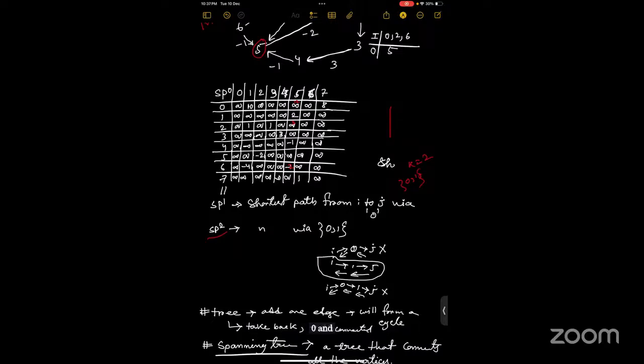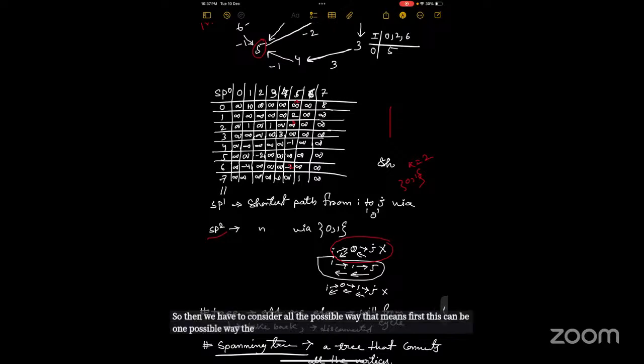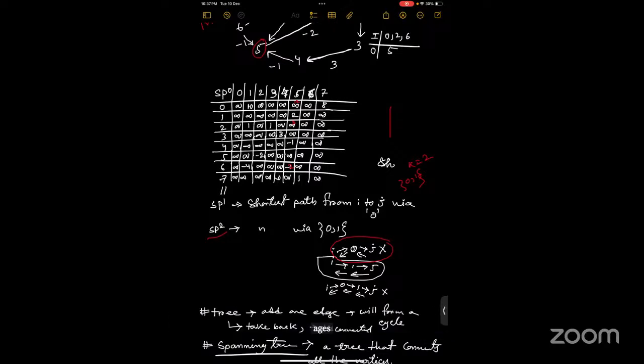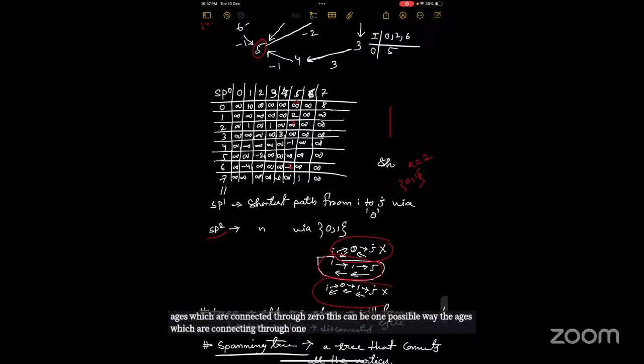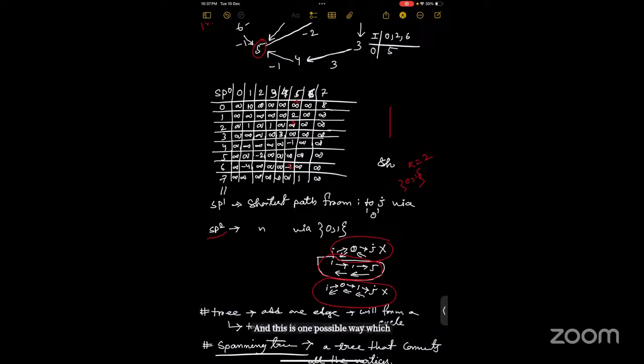Then we have to consider all the possible ways. First, the edges which are connected through 0 can be one possible way. The edges connecting through 1 is another, and the edges connecting through both 0 and 1 is another. So you have to consider all the paths, all the possible combinations.